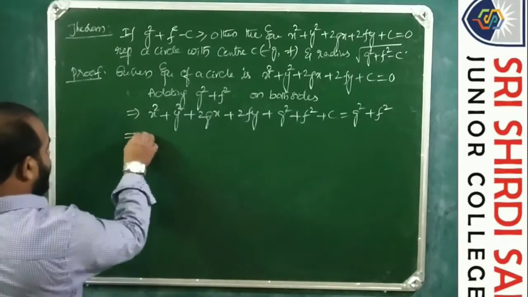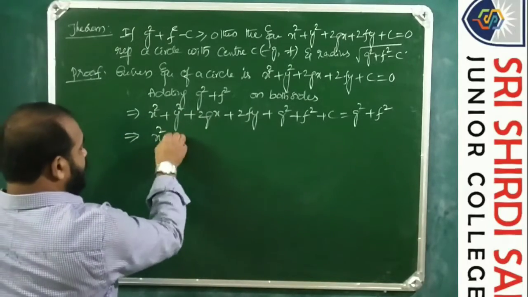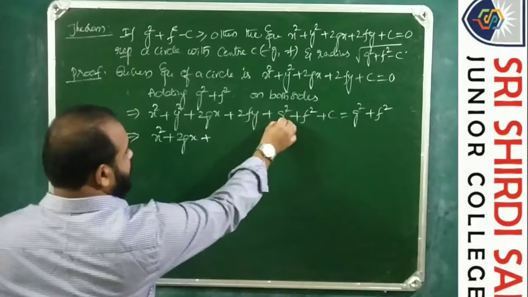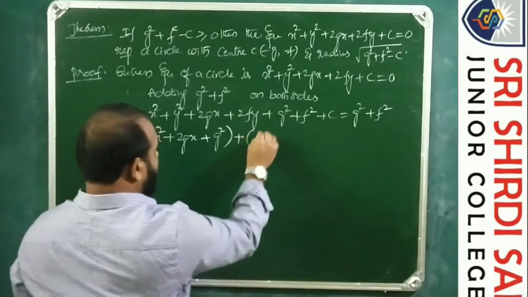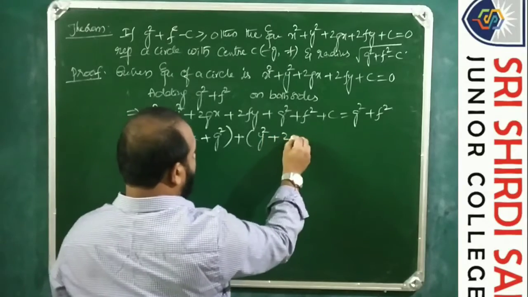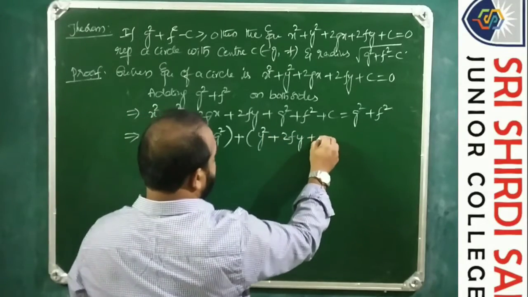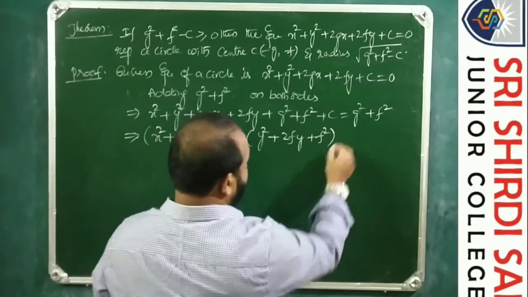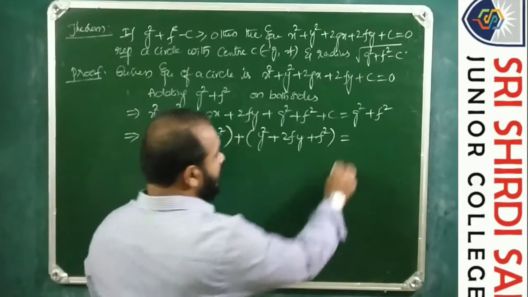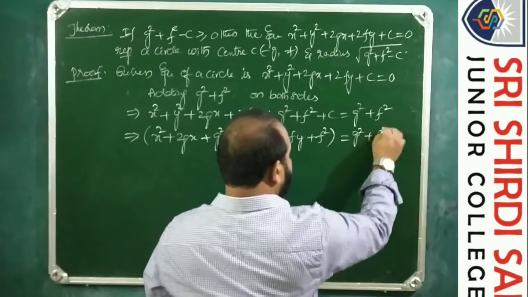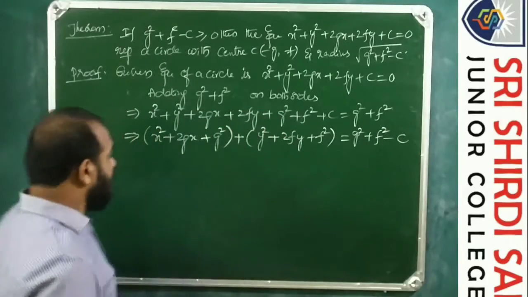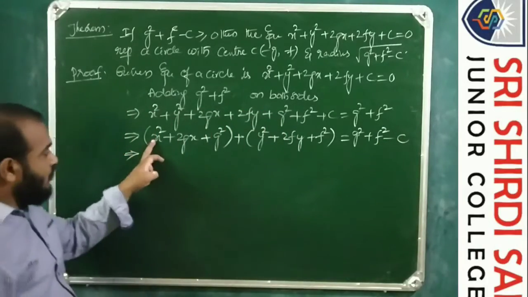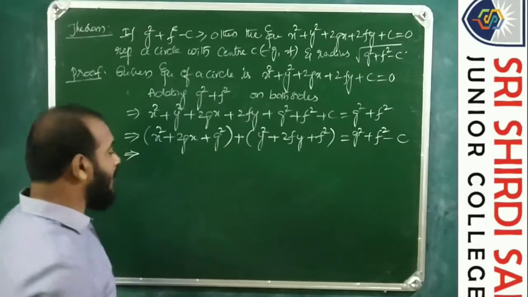Now x square plus 2gx plus g square I'll keep in one bracket, plus y square plus 2fy plus f square is equal to g square plus f square. This plus c I'll transpose onto the other side as minus c. So a square plus 2ab plus b square is (a plus b) whole square.